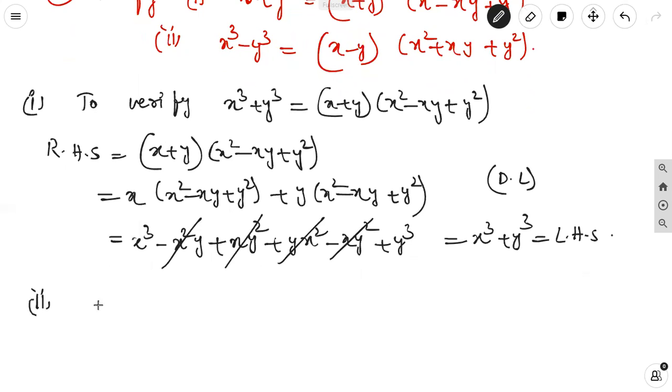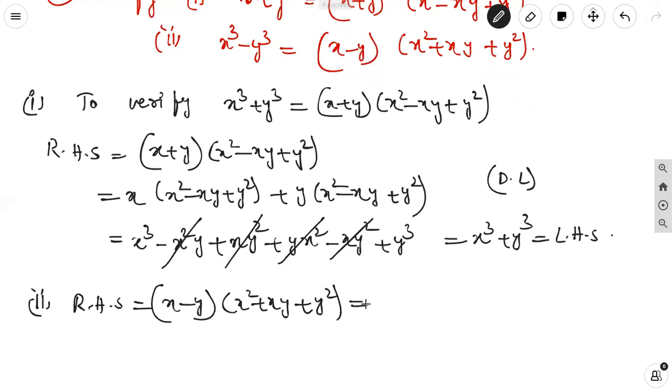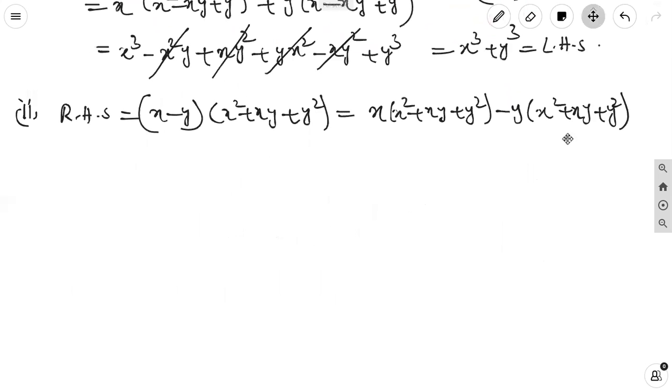The second one is also: RHS is equal to x minus y into x square plus xy plus y square, which is equal to, from the distributive law, x into x square plus xy plus y square minus y into x square plus xy plus y square. Next again multiply by the distributive law only. x into x square is x cube plus x into xy is x square y plus x into y square is xy square.